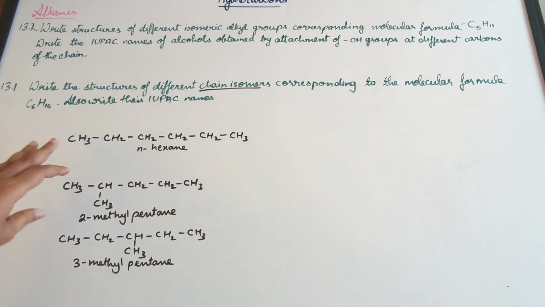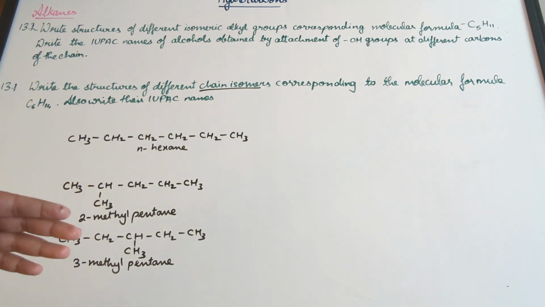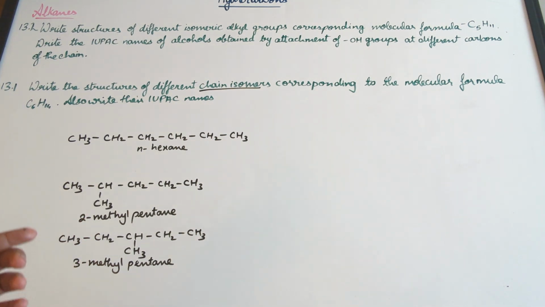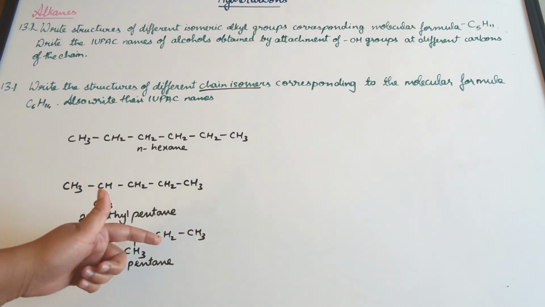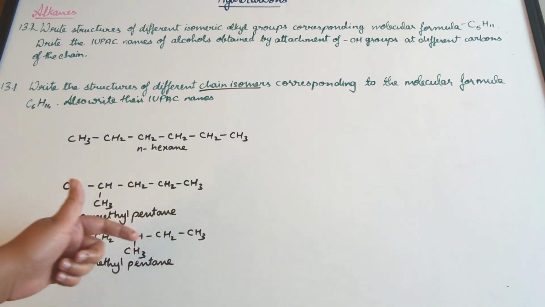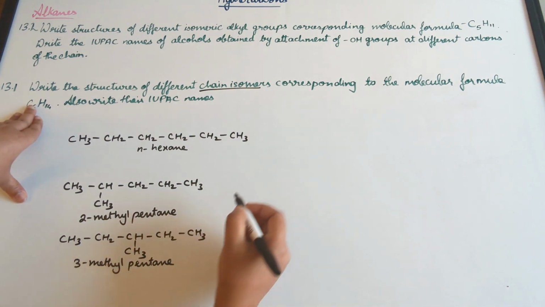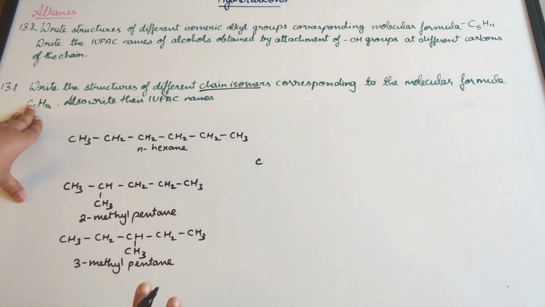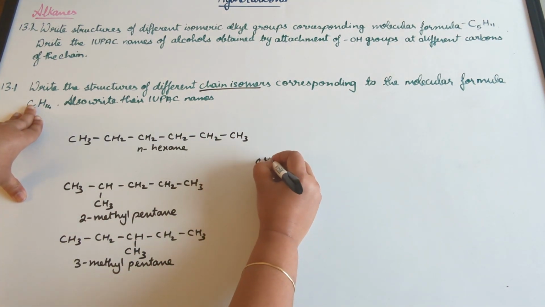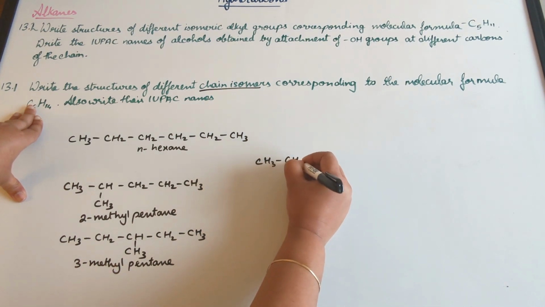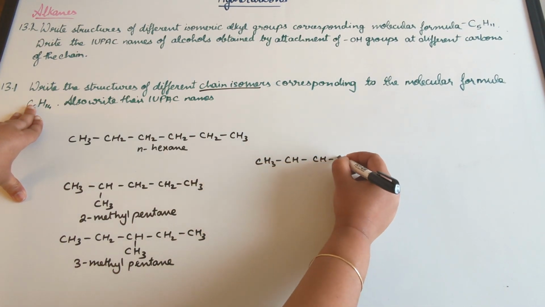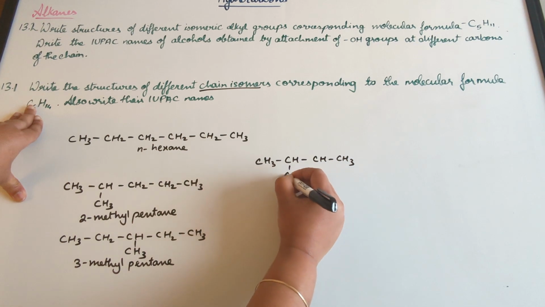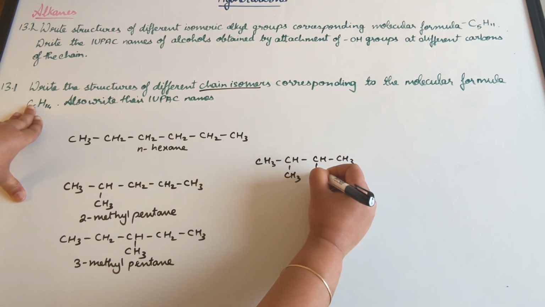Okay, now what we can do is, to the same substituted one, we can shift one of the carbon atoms. Then we can also shift this from here to this. So the chain length shifts from 5 to 4. So CH3, CH, CH, CH3, with CH3 and CH3.